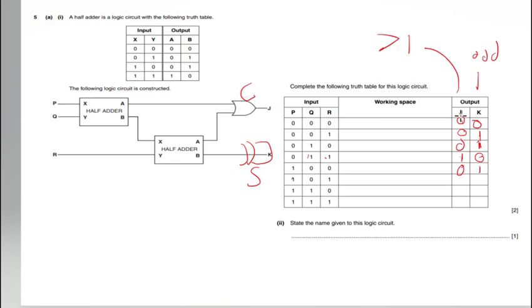This 1, 2, 1, 2, 3. So we've just done a truth table for a full adder. And there we go. We can also tell it's a full adder because we've got 3 inputs.